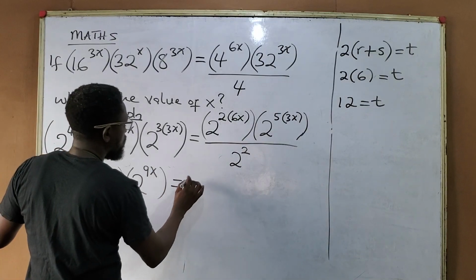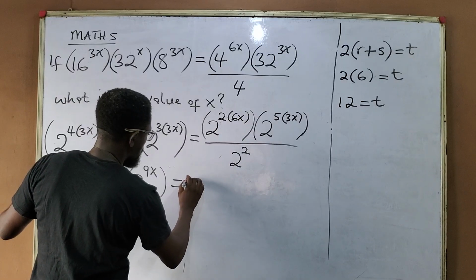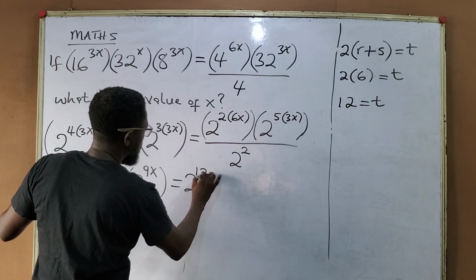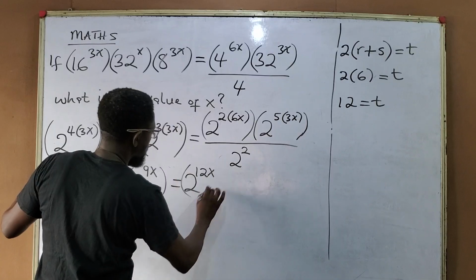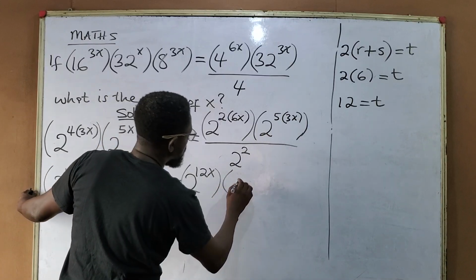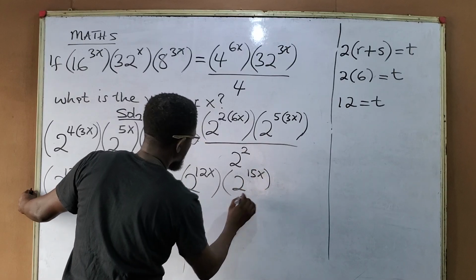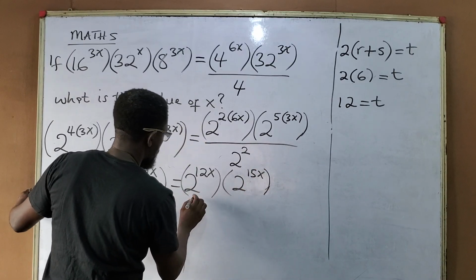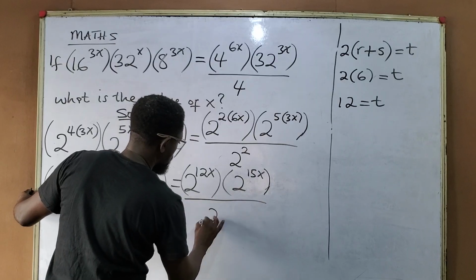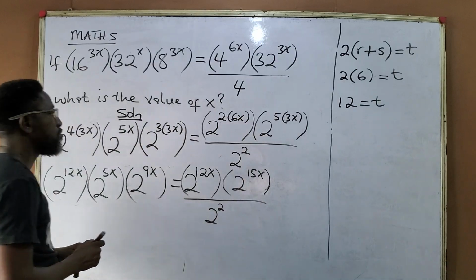We have the equal sign. This one is 2 to the power 12x. Then this one is 2 to the power of 15x, all over 2 to the power 2.